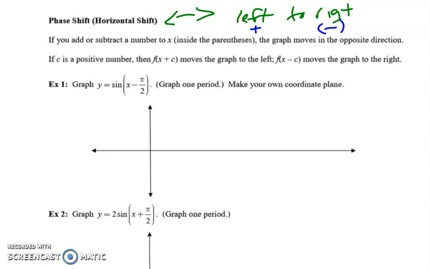So in the first example here, we have the sine of x minus a half. So remember, regular sine, we have pi over 2 as our intervals because the period is 2 pi.